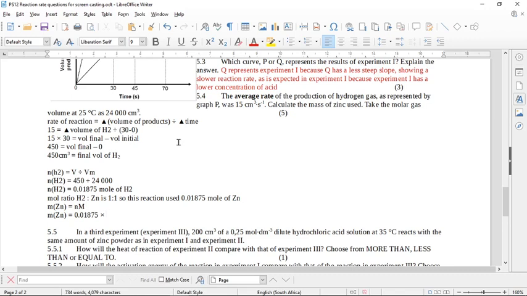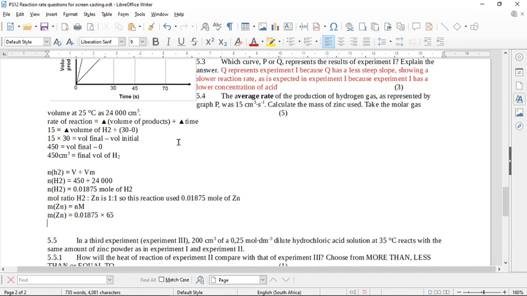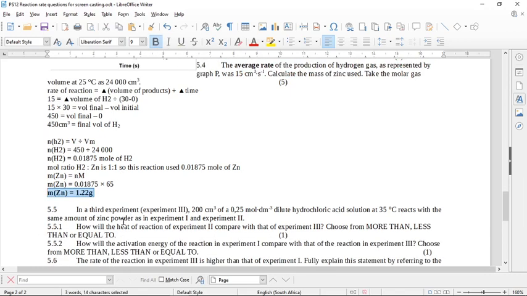Zinc is 65. So let's do this on our calculator. I've got the mass of the zinc is 1,22 grams. No unit, no mark. So there we go, we found the mass of zinc.